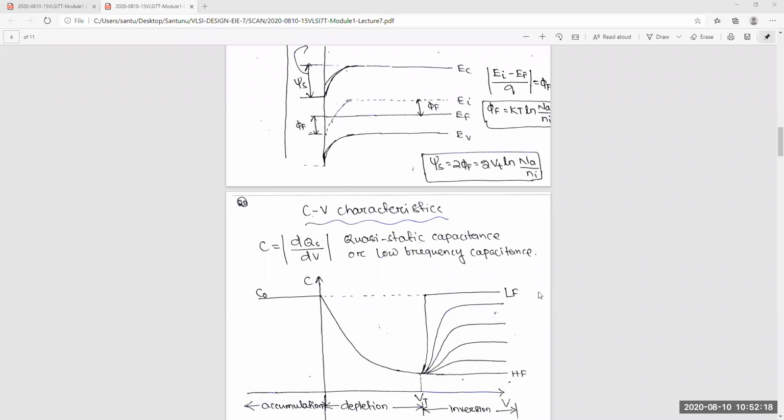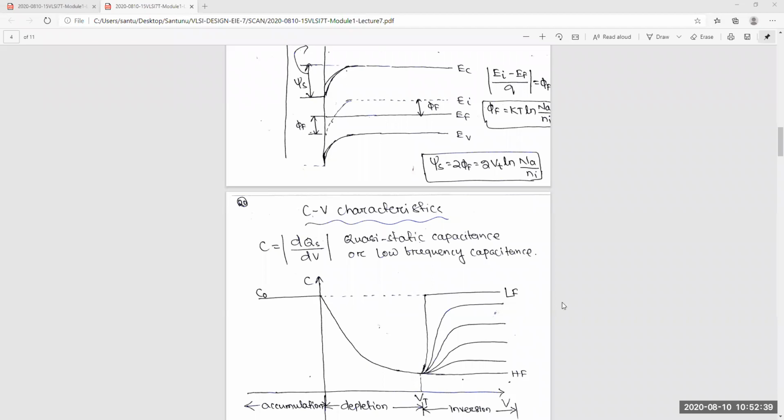But at high frequency, the mobile electrons will not come to that surface, and it's only due to the negative acceptor impurities at the edge of the depletion layer. So that's why the capacitance is constant at that minimum level.